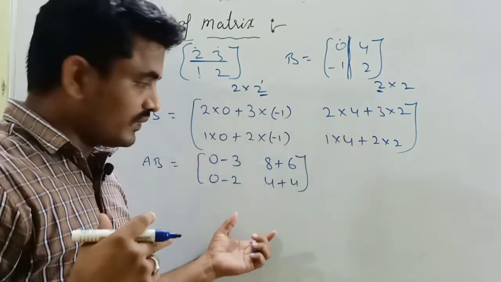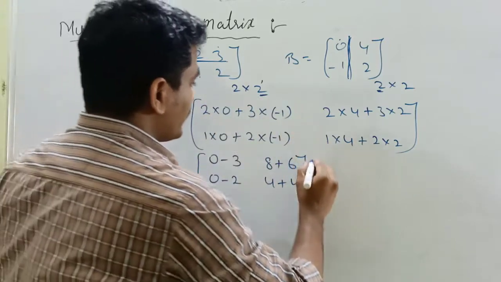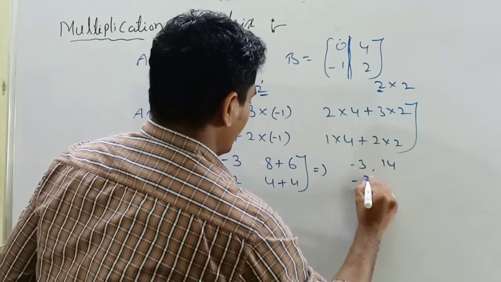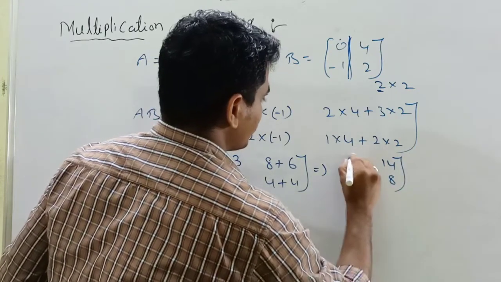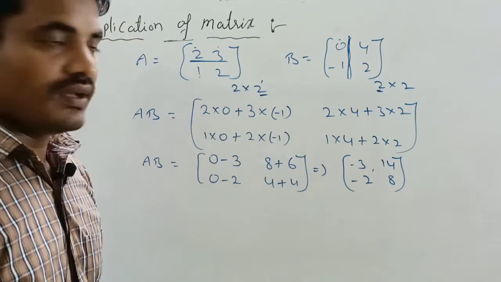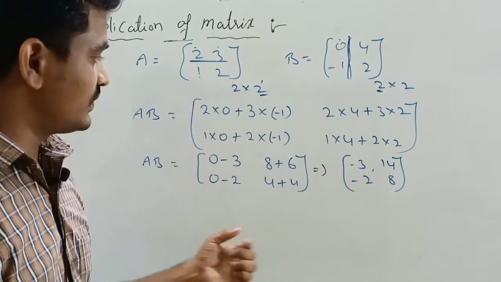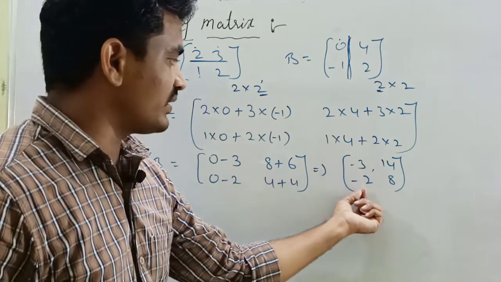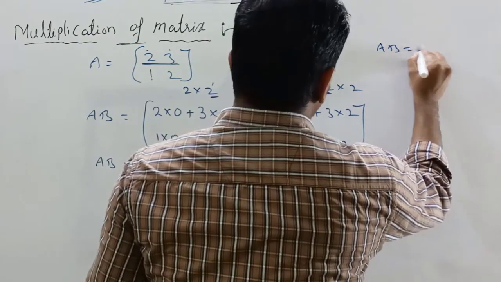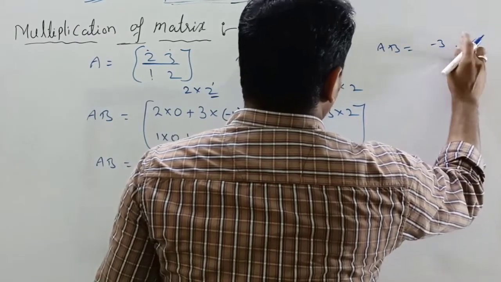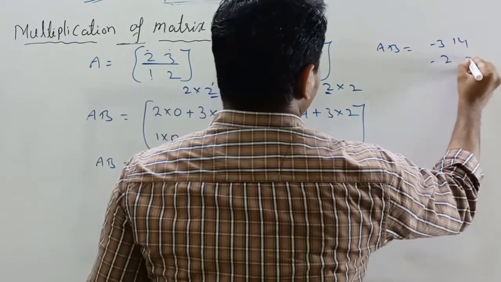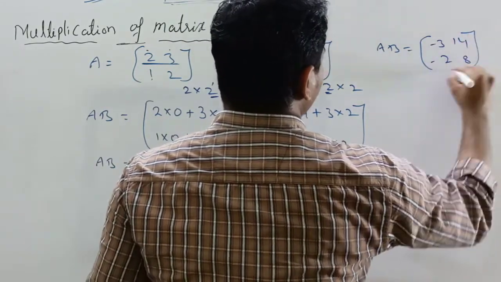After simplification we get minus 3, 14, minus 2, 8. So I write the AB answer: AB equals minus 3, 14, minus 2, 8.